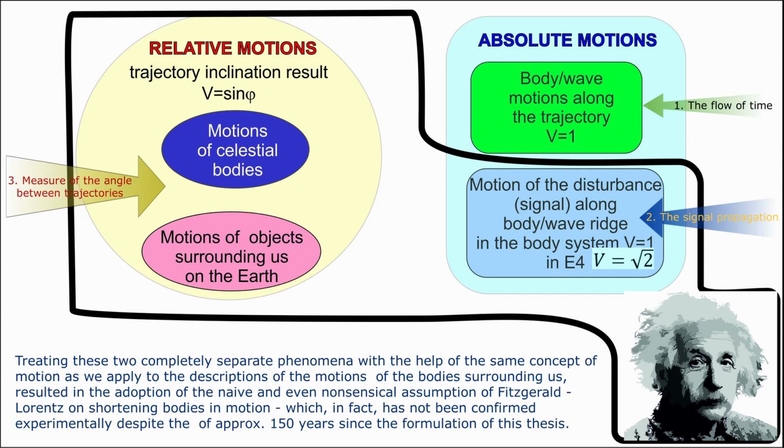Treating these two completely separate phenomena with the help of the same concept of motion as we apply to the description of the motions of the bodies surrounding us resulted in the adoption of the naive and even nonsensical assumption of Fitzgerald-Lorentz on shortening bodies in motion, which in fact has not been confirmed experimentally, despite approximately 150 years since the formulation of this thesis.